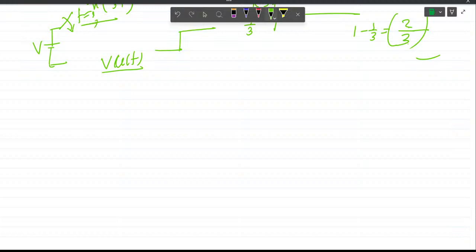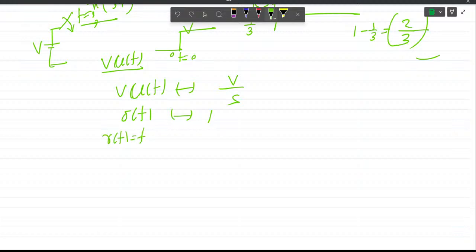Originally there is no voltage source connected; now at t equal to 0 the voltage is v. So I write v u of t, and as you know, its transform is v upon s, because u of t is 1 upon s. Delta t is, as usual, 1. Then the ramp r of t is t u of t, which is 1 upon s square.